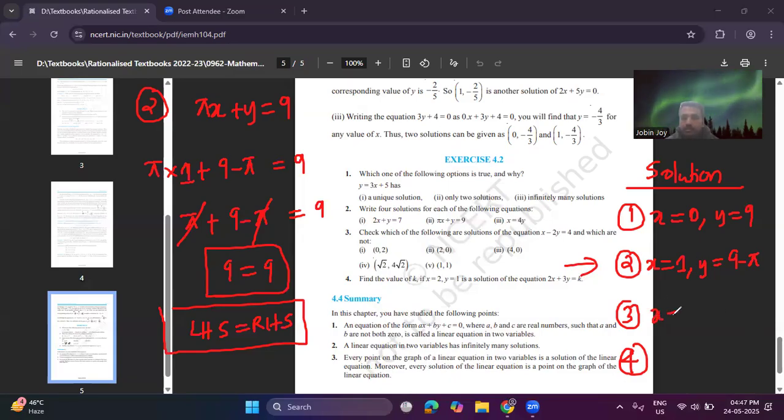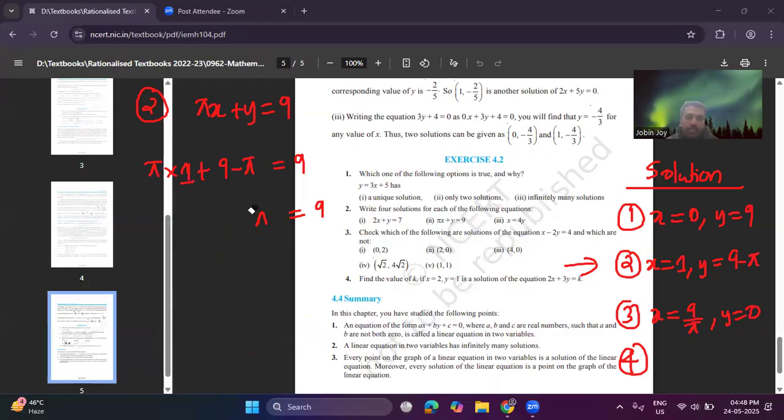Then next, x equal to 9 by pi and y equal to 0. Try this value. So pi into x equal to 9 by pi plus y equal to 0 equal to 9. So pi cancel.